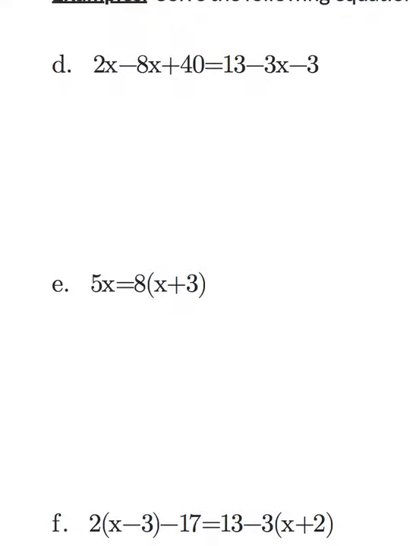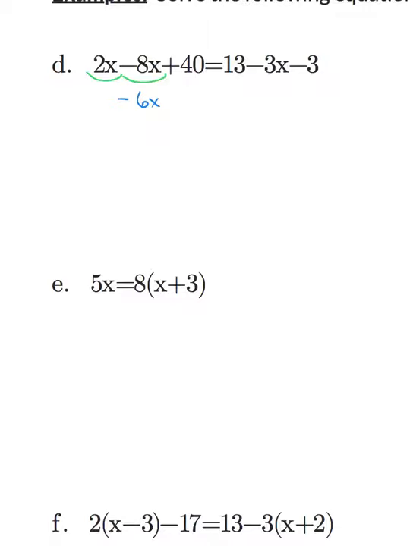Example D, we have 2x minus 8x plus 40 equals 13 minus 3x minus 3. The first thing I want to do is go ahead and combine my like terms on either side. So for the left side, I can combine 2x and negative 8x, and we get negative 6x.